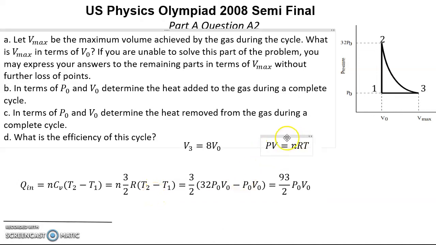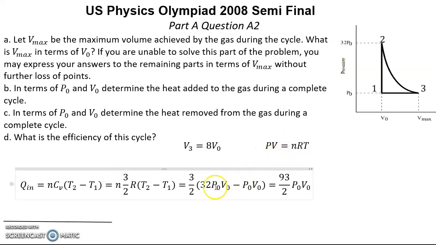Using the universal gas law, instead of temperature we can put PV, and we get that all this equals 3/2 times (32 P0 V0 minus P0 V0), which is 93/2 P0 V0. That will be the total heat added during this process.